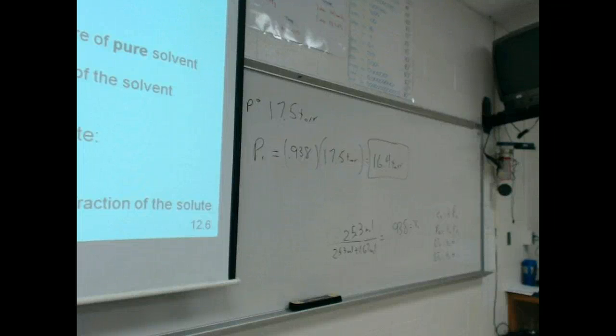Any questions? When we do this, we have to look for the what? We've got to have the mole fraction, yes. So the moles of the solvent divided by the total moles. The solvent doesn't always have to be water.